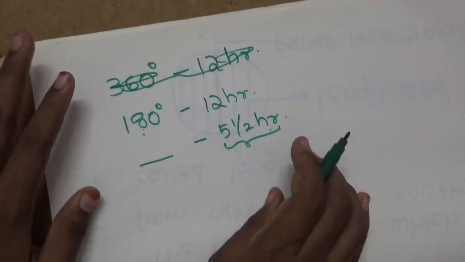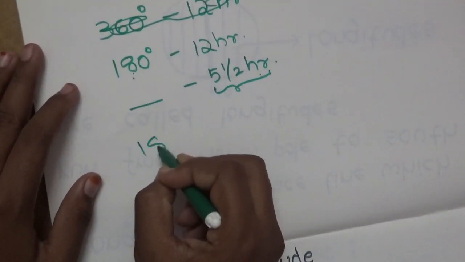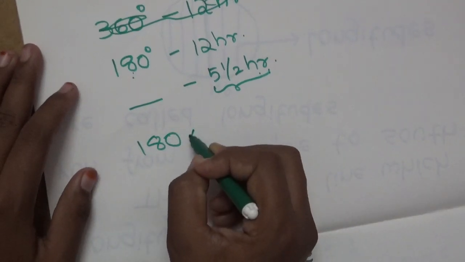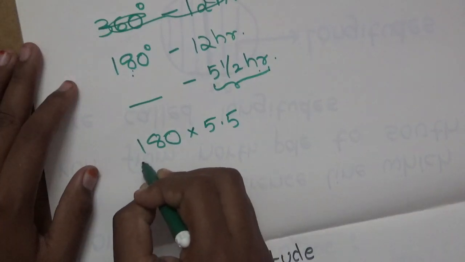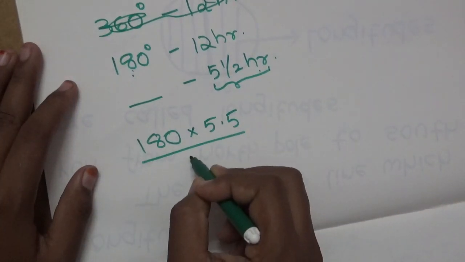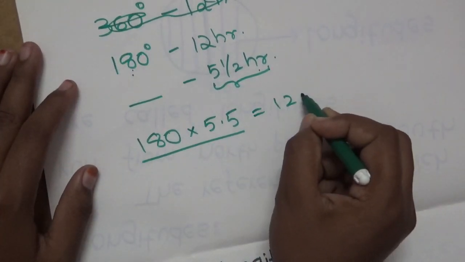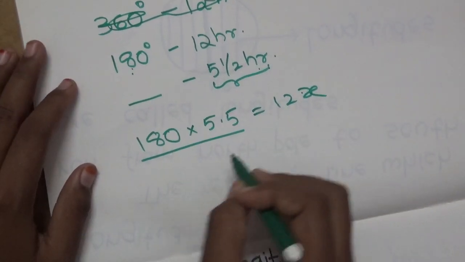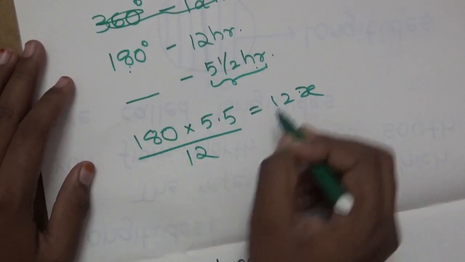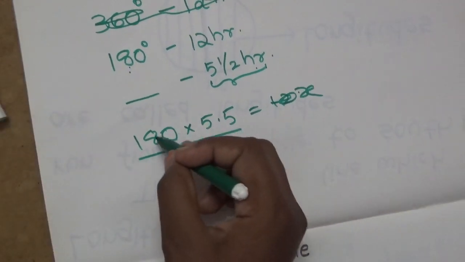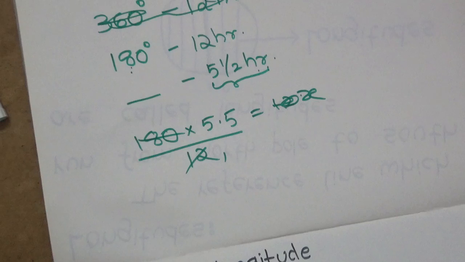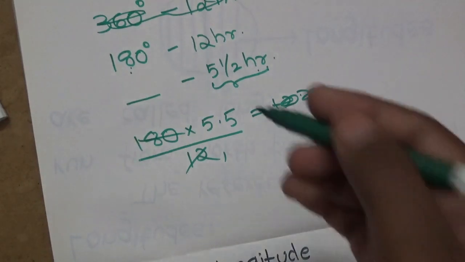So let's calculate now. 180 into 5.5 by 12 equals 15 into 5.5.